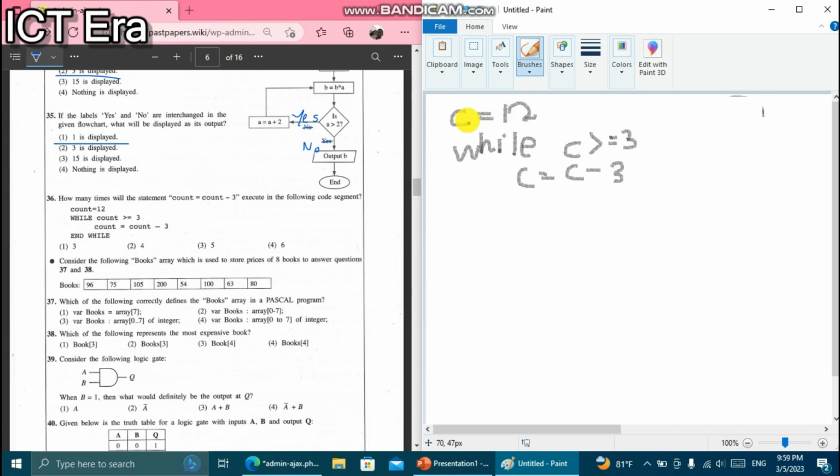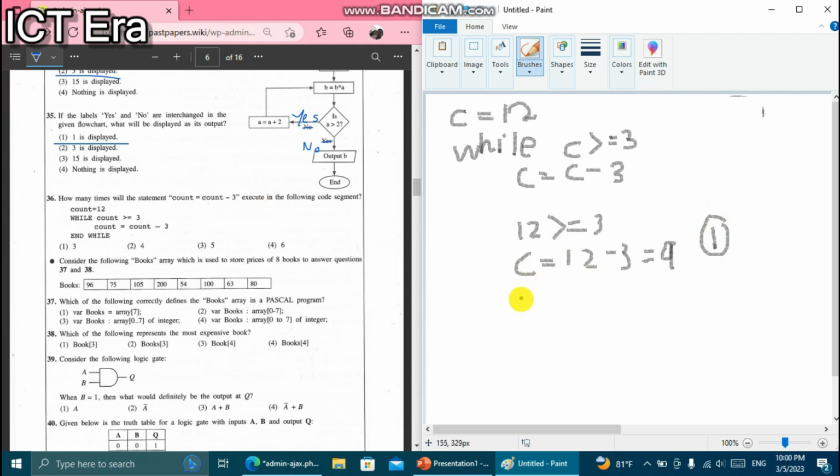Right, now the given count is 12. Now is count greater than or equal to 3? Yes. Then what happens? New count will be 12 minus 3, which equals 9. Now this is the first time. It repeated for the first time.